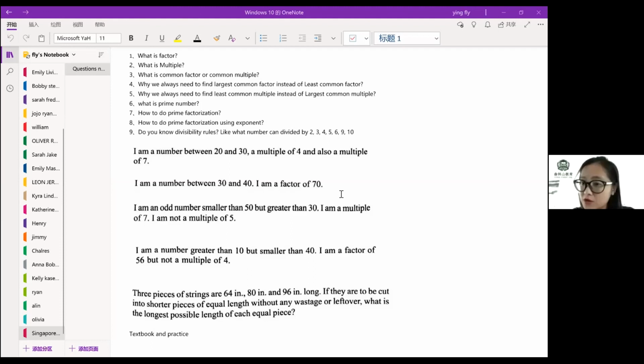We can also talk about ratio, which is similar to fractions, and the word problems of speed. These are the hard and basic questions in Singapore Math: geometry, fractions, basic whole numbers, and ratios. This is what I want to cover in level 5 for September to December.